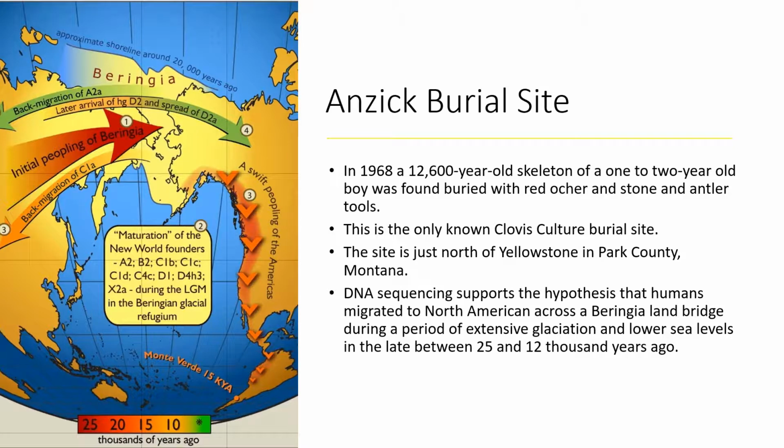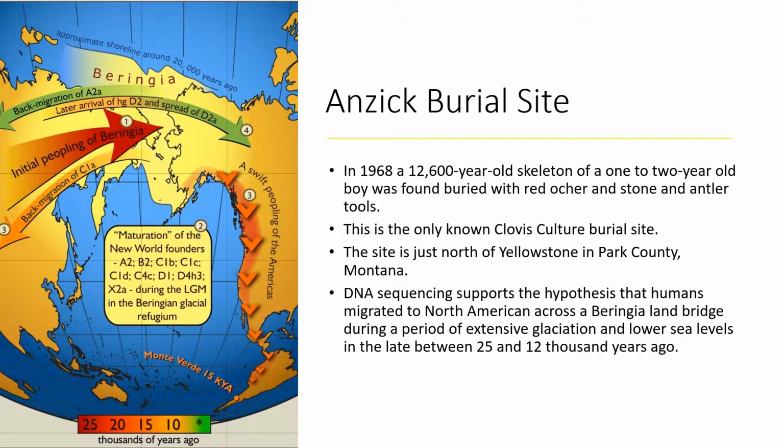And this burial site was sprinkled with red ochre, a kind of reddish clay material. And so eventually the DNA from this skeleton was recovered and sequenced completely, giving a complete genome of a Clovis culture individual in North America dating back almost 13,000 years ago.